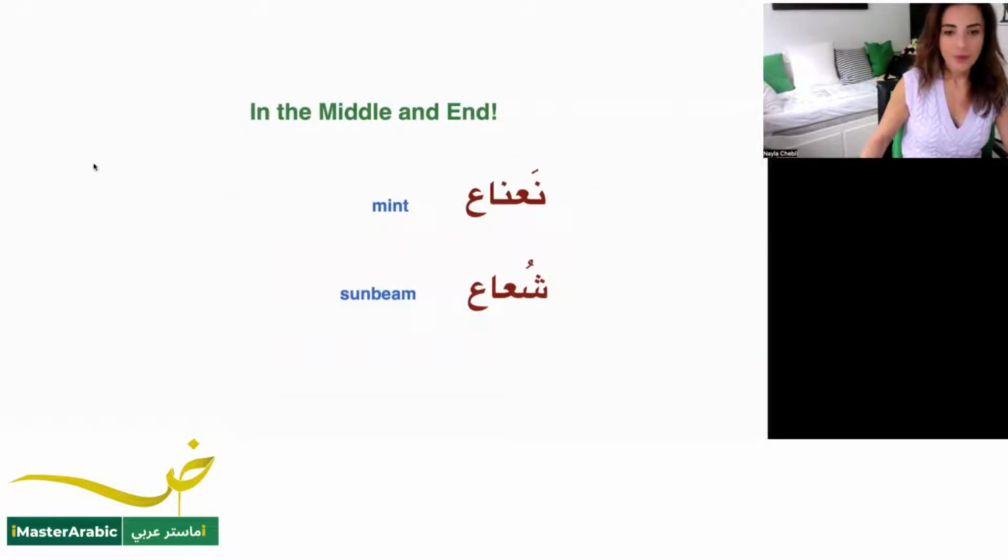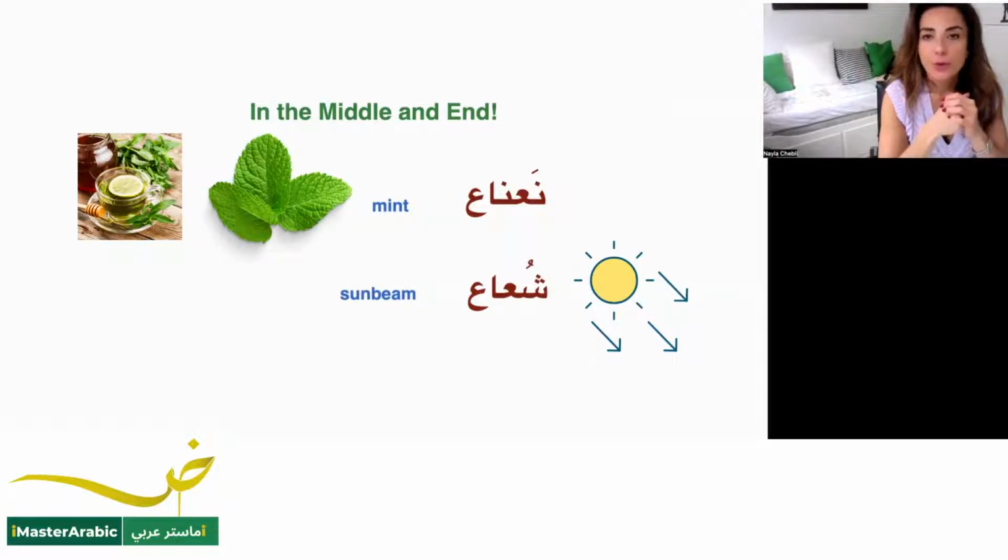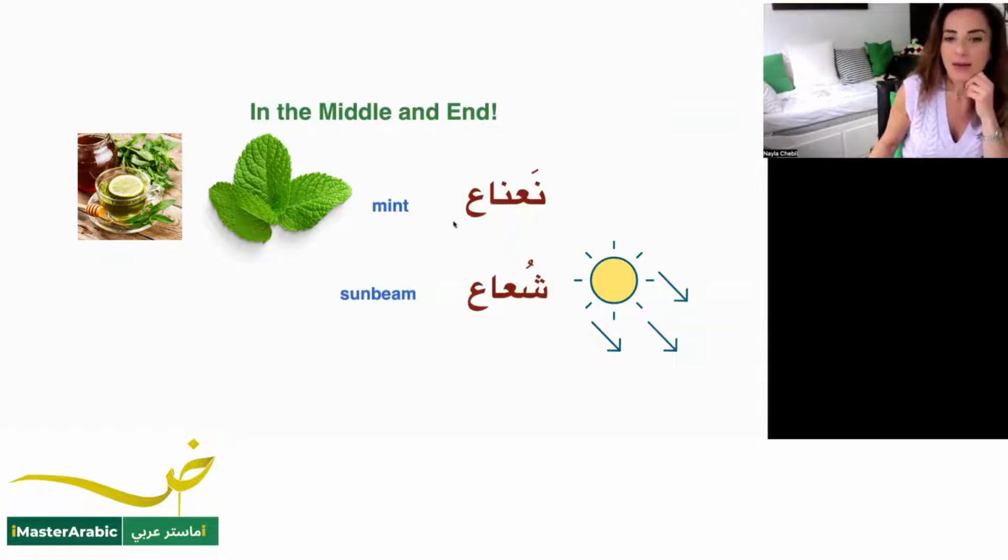Next, we're gonna do the ultimate ayn words, which have two ayns in the middle and at the end. These are the most challenging two. If you can say these right, then you have mastered the ayn with iMasterArabic. So the word for mint leaves, as in shai بالنعناع.